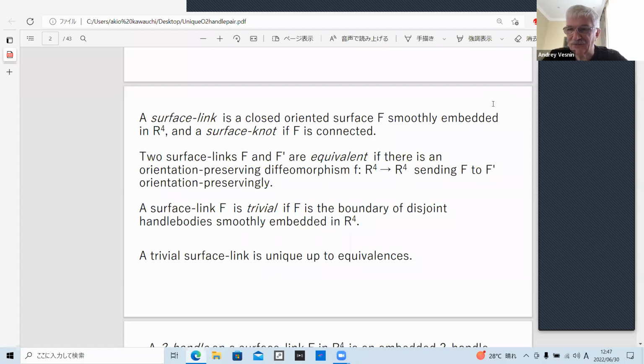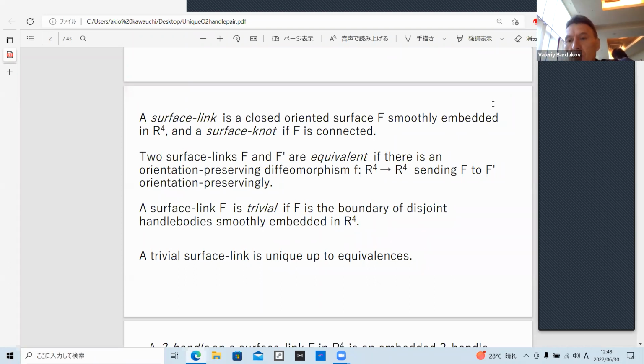Please, more questions, if any. Thank you for the interesting talk. I have the following question. In the classical case of a one-dimensional knot, we can present any knot as the closure of a braid. For surface links, I know a similar technique: it is possible to define two-dimensional braids and consider their closure.